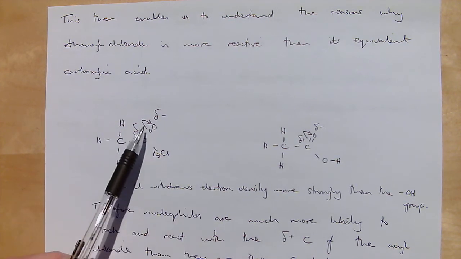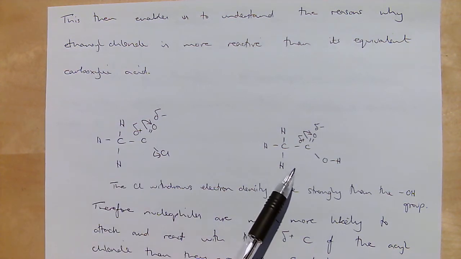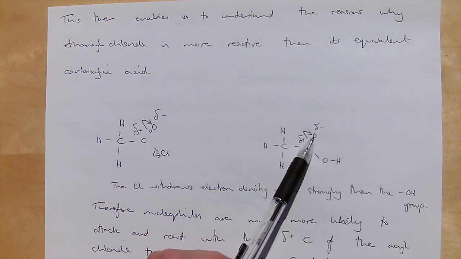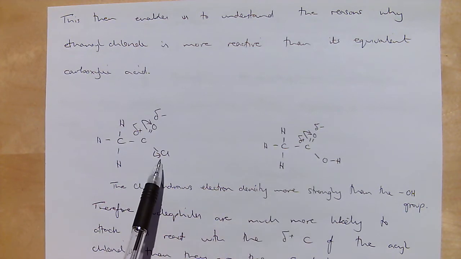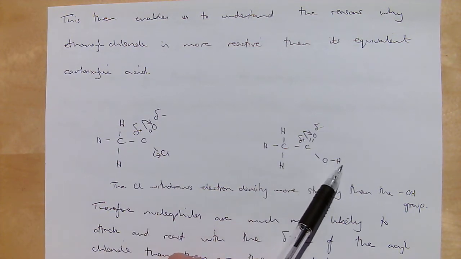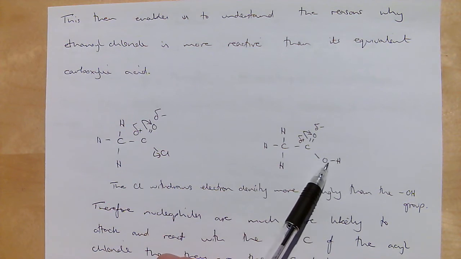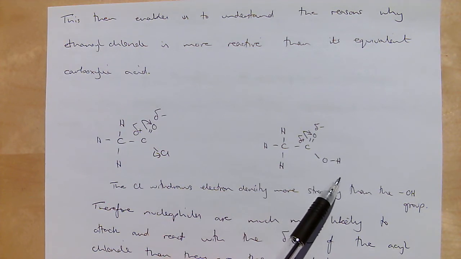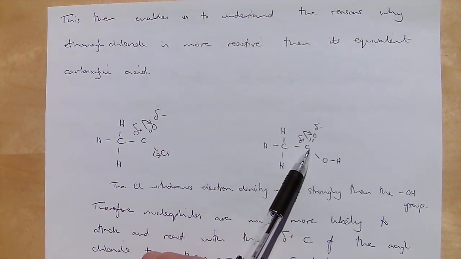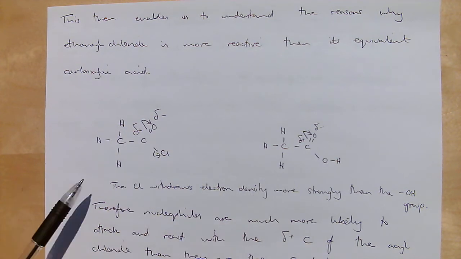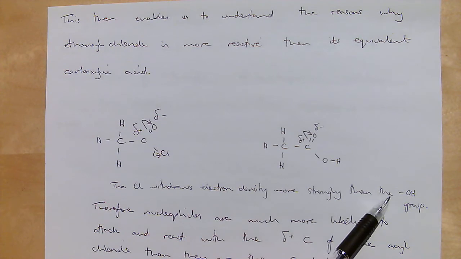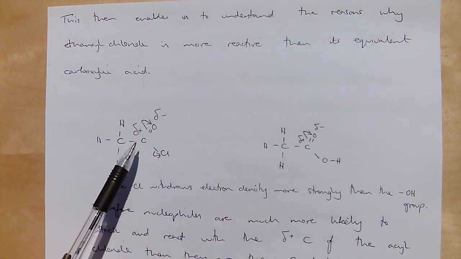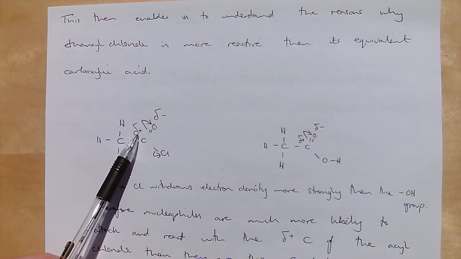In the equivalent carboxylic acid, that carbon is attached to an oxygen, so that's the same effect, but this time instead of having the chlorine atom, we've got the OH group. The OH group doesn't withdraw electron density from that carbon as strongly as the Cl does. So the Cl withdraws electron density more strongly than the OH group, making that carbon more delta positive.